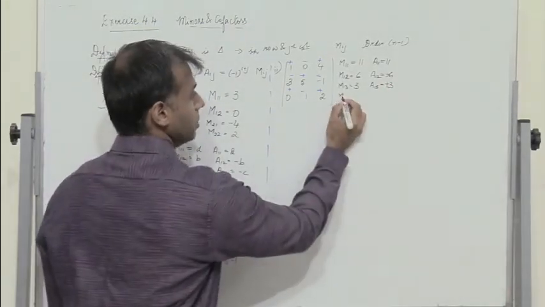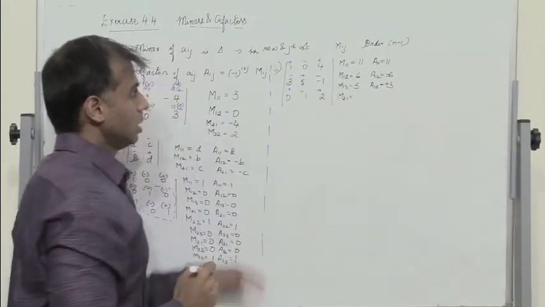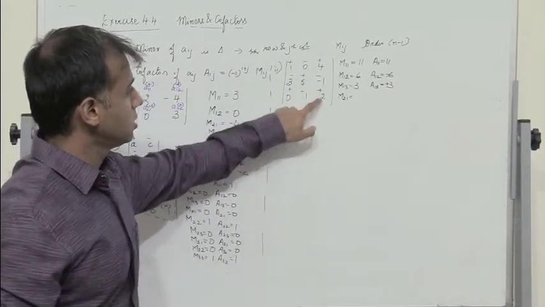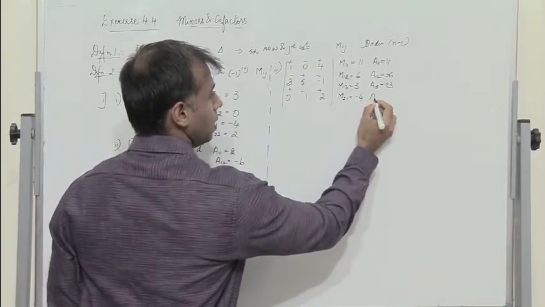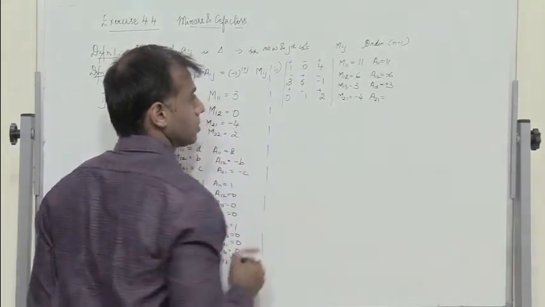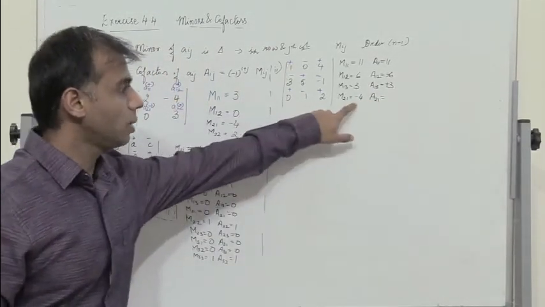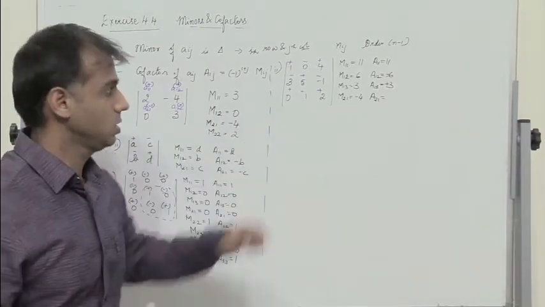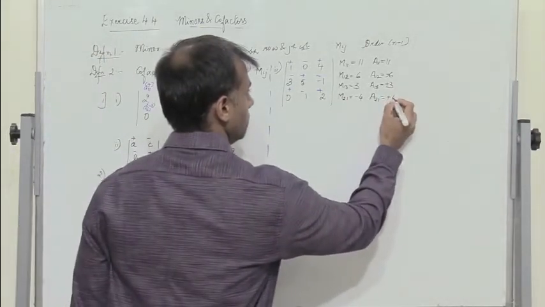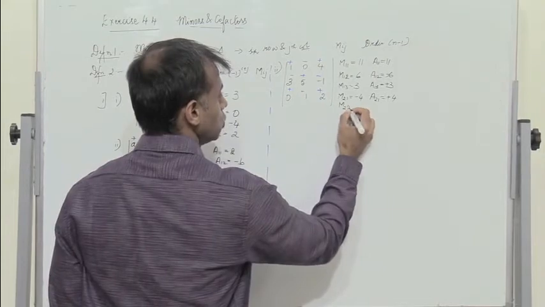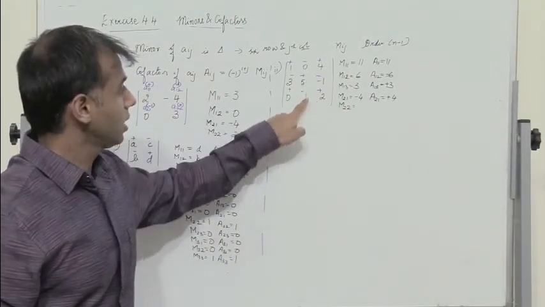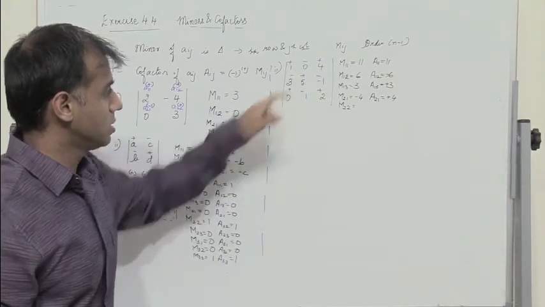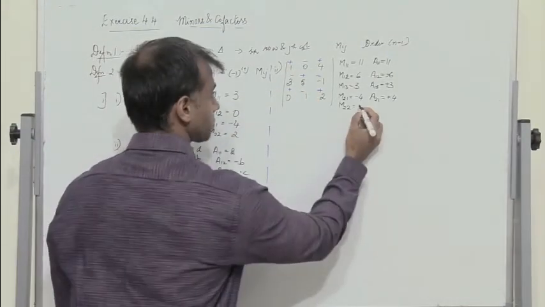Next, M21, leaving the second row and the first column, I get 0, minus 4, so I have minus 4. Now what about A21? I have a minus sign here, so I need to multiply minus 4 with a negative sign, so I get plus 4. And then M22, deleting the second row and the second column, I have 1 into 2 minus 0 which gives me 2.